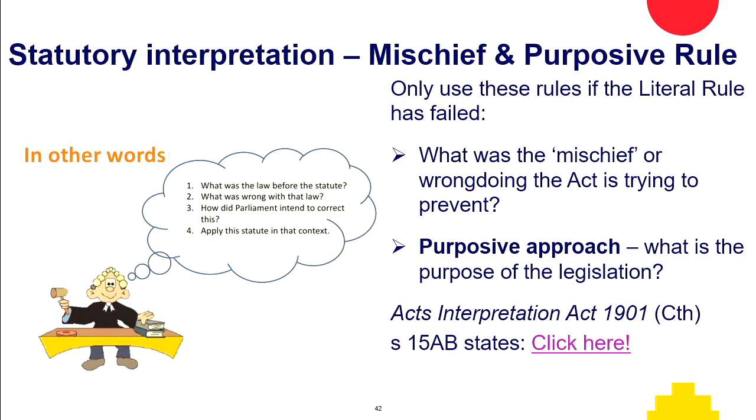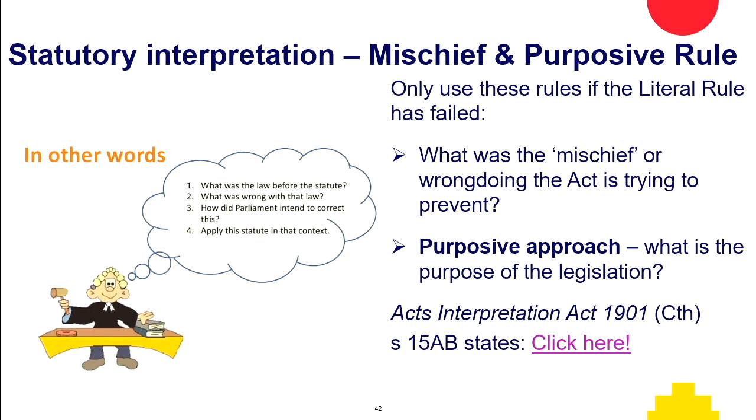So the mischief might say, yep, you can't enter the intersection because the sign says don't walk, and the purpose of that was to try and stop individuals from entering the intersection dangerously. But the purpose might have actually also been we didn't want so much traffic in that zone at the time in terms of foot traffic. So it's a little bit different in terms of how it might be applied.